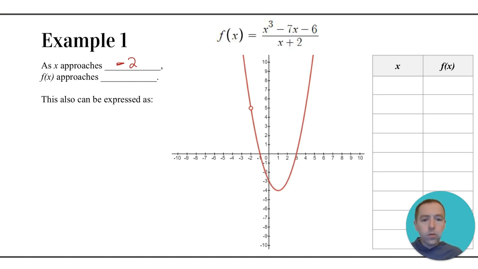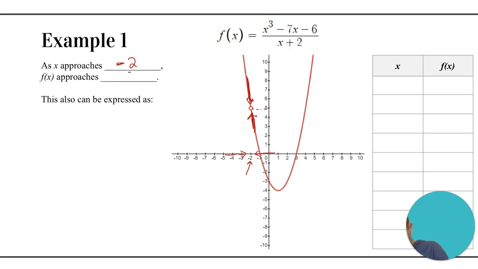And so if you look at the graph, you can see that -2 is going to be right there for an x value. We're looking at the horizontal x-axis because we're talking about x, right? So as you approach -2 from this way and from this way, if you follow the graph, you can see that you're getting closer and closer to where that hole is, and that seems to be at a y value of 5.